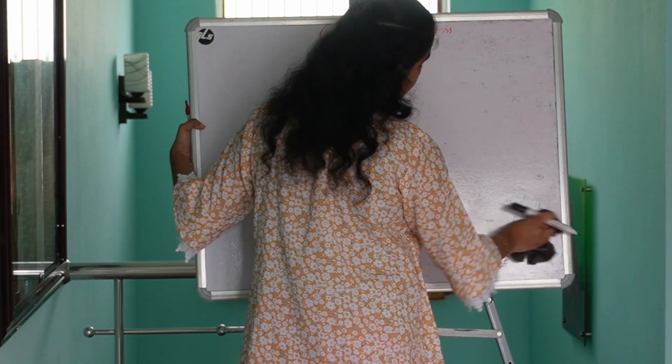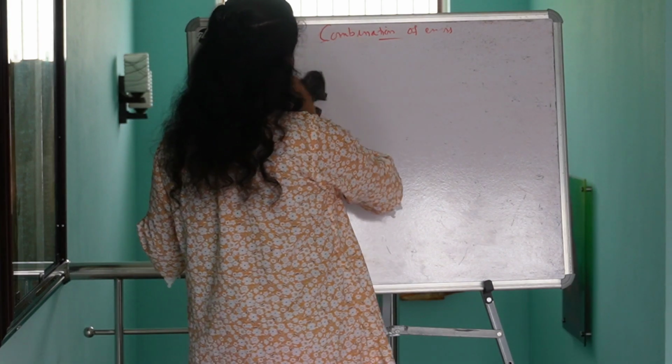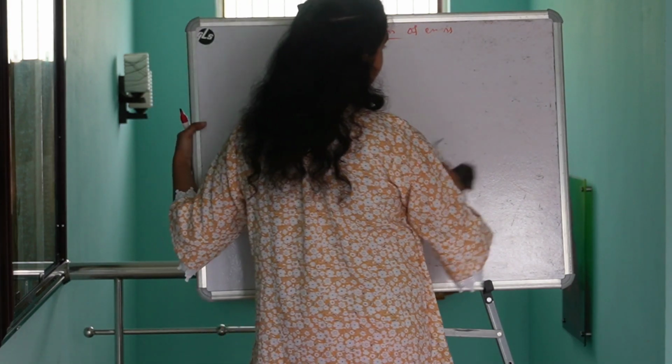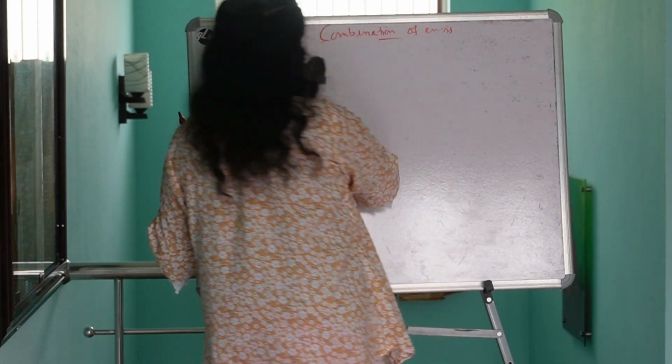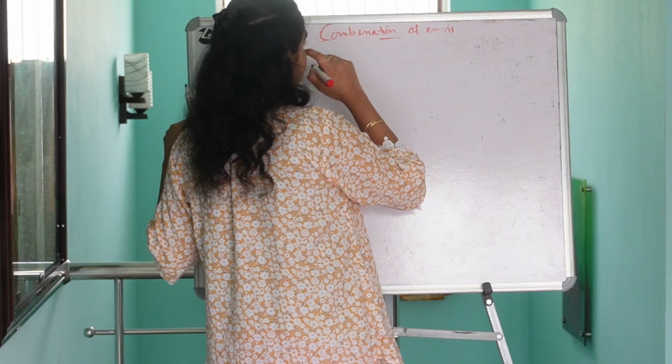So here we discussed two combinations, isn't it? That is multiplication and power, and multiplication, power and division. So is it clear, guys? Yes. Now let's see the next case.